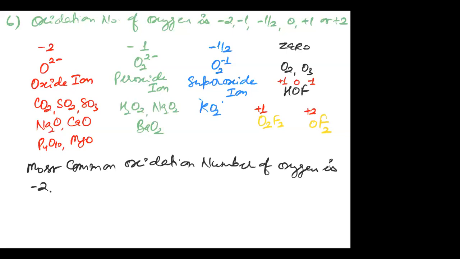So usually in all oxides, through oxides we get oxyacids and bases, and so we have oxysalts. In all these cases, the oxidation number of oxygen is -2.